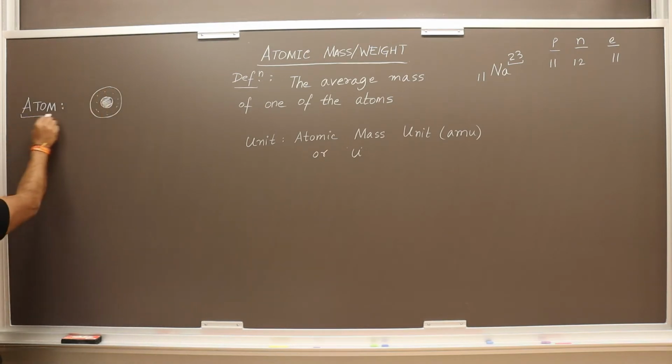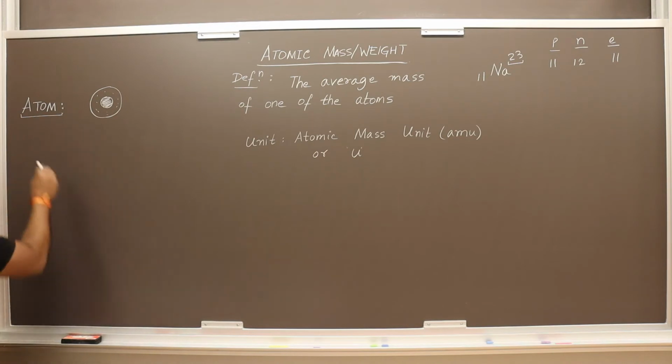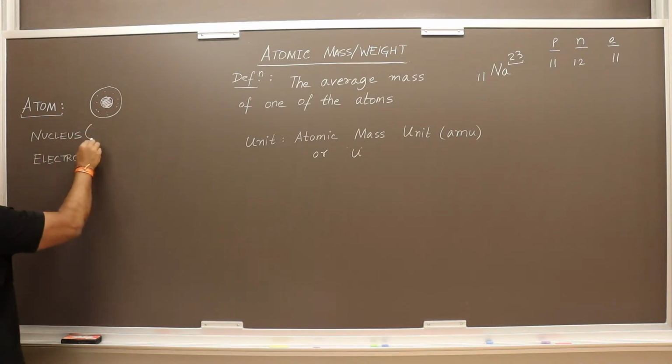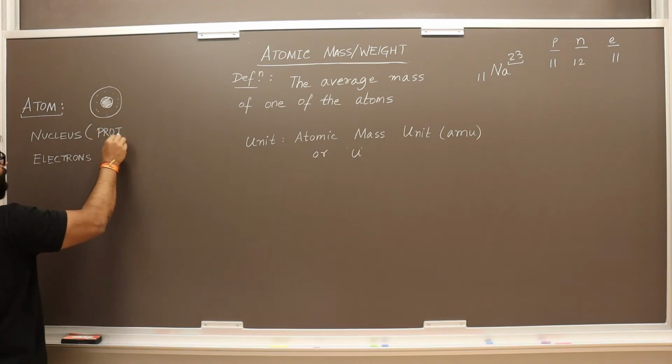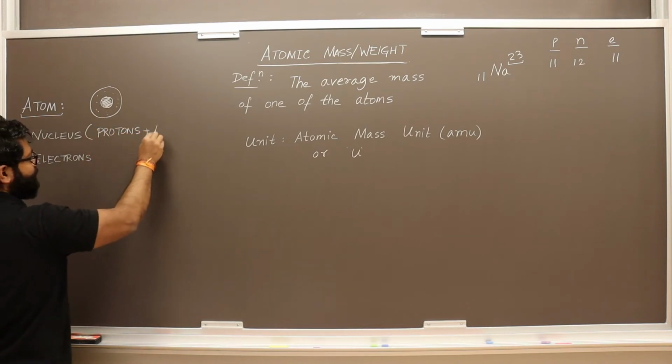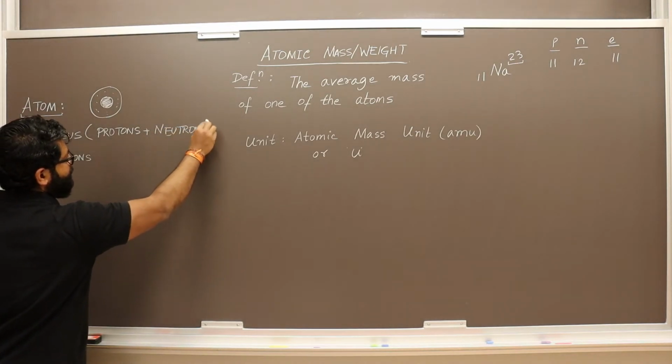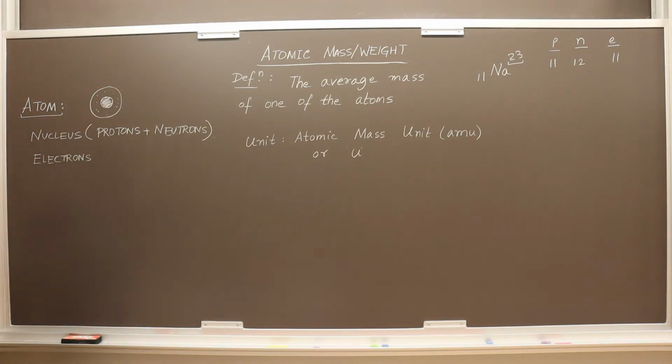So the atom is made up of the nucleus and electrons, and the nucleus in turn is made up of protons plus neutrons. So the atomic weight basically should be the mass of all the protons plus all the neutrons plus all the electrons, right?